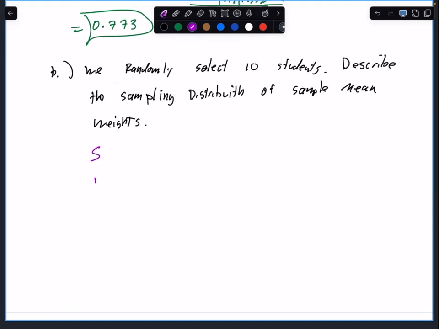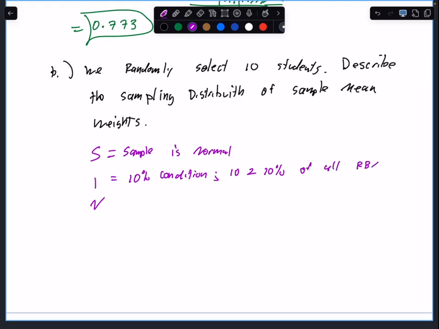All right, so remember, that is what we are doing. So, first and foremost, the population is normal. The second part is the 10% condition. In this case, 10 is less than 10% of all RBA students. Okay.